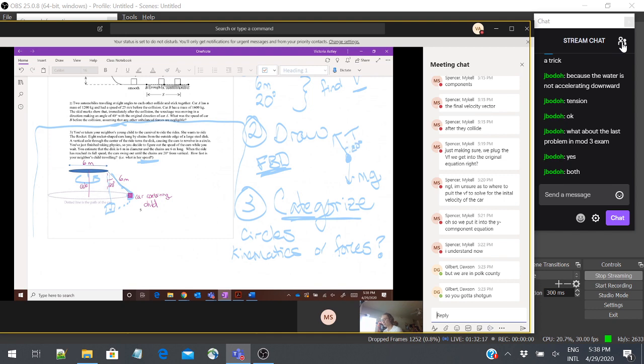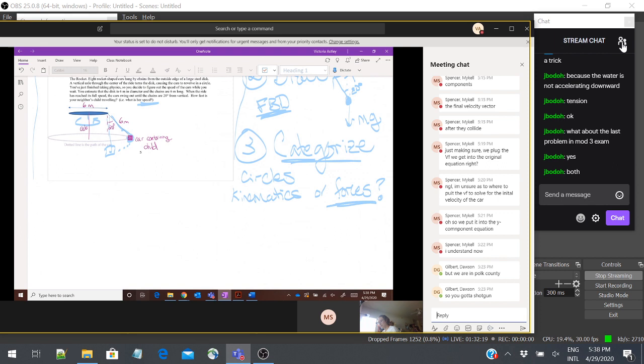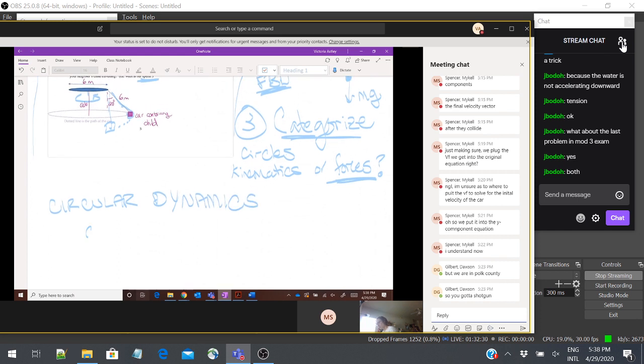20 degrees. We know that it involves forces, so we think about what we know about circular dynamics. There's one very key idea, which is centripetal force. F net equals mass times centripetal acceleration.